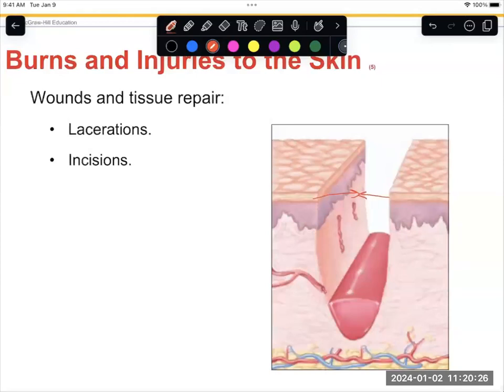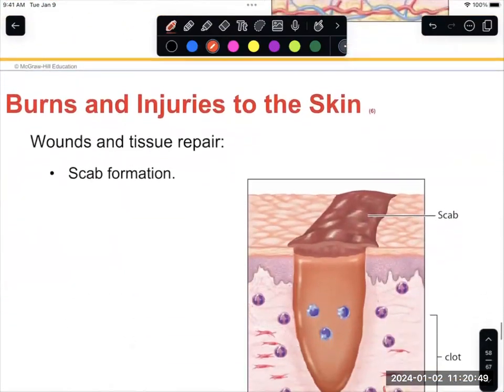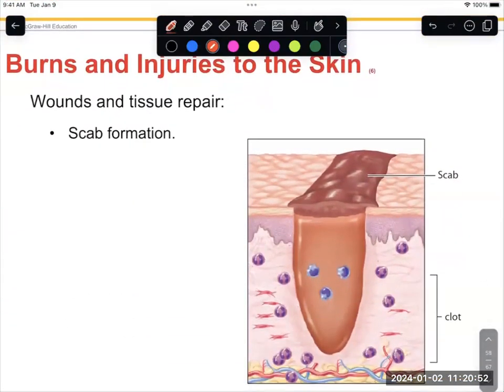Blood vessels in that dermis tend to get broken, so blood is going to escape. What's going to happen is we're going to form a clot with this blood to prevent further damage from happening and to kind of fill in that space as this tissue repairs itself. So here's that scab formation. After a clot forms, macrophages, which are white blood cells, are coming into this area.